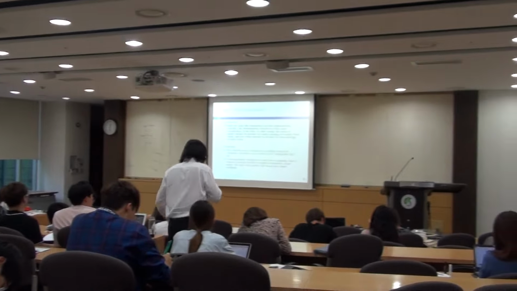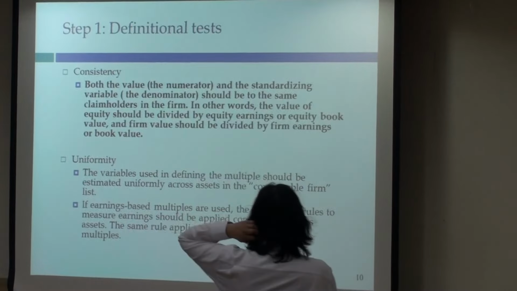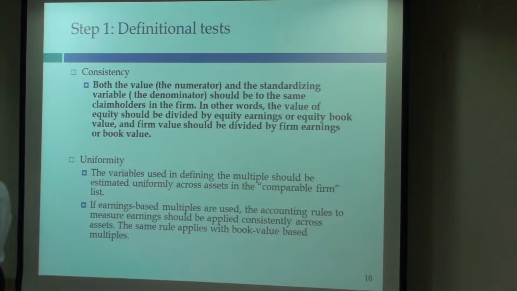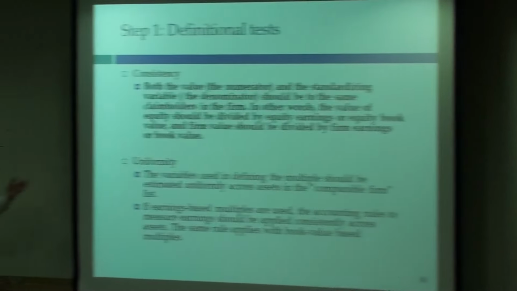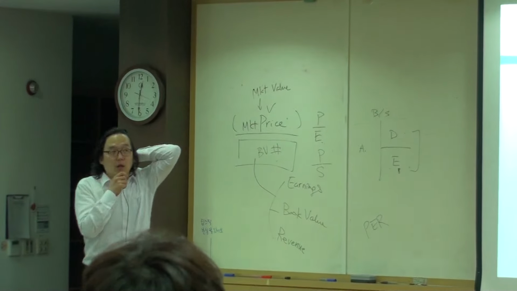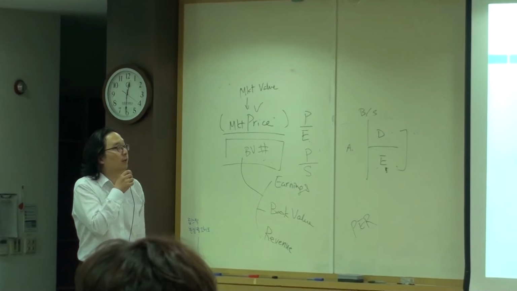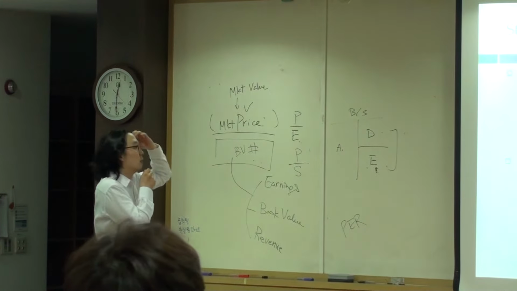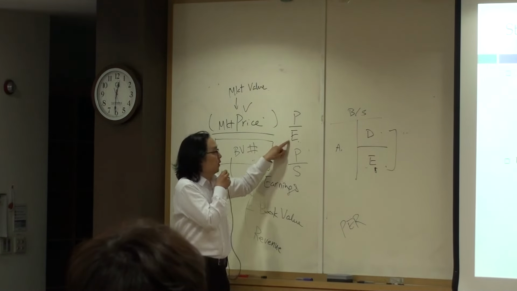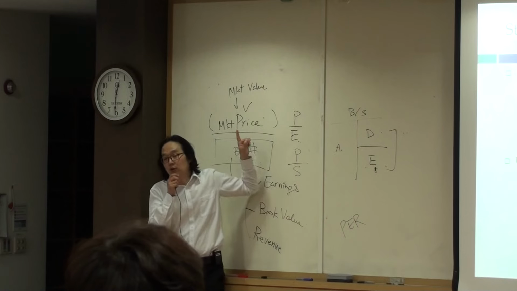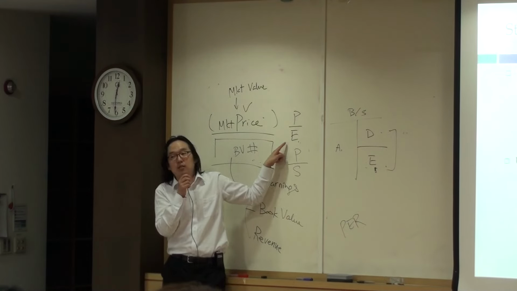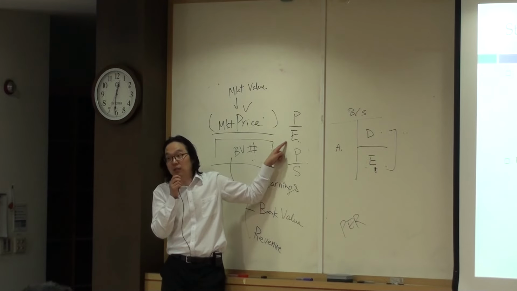So some of the multiples are not consistently defined. And then uniformity is another thing you have to worry about. What do you mean? Well, when you construct the variables, for example the PE multiple, EPS, do you mean last year's EPS, or trailing 12 months EPS, or next year's expected EPS?